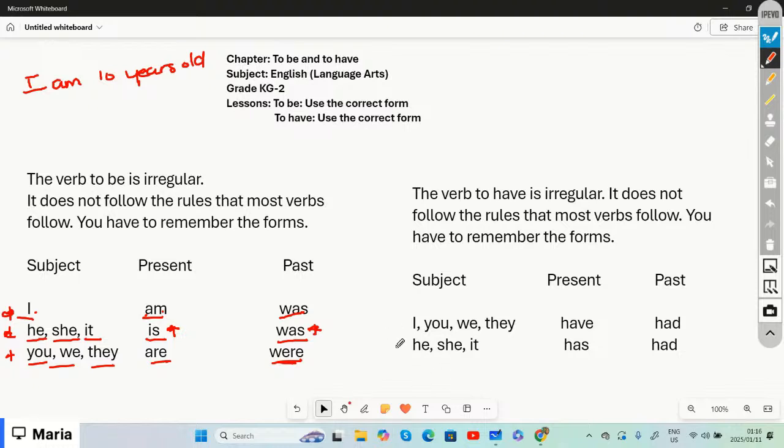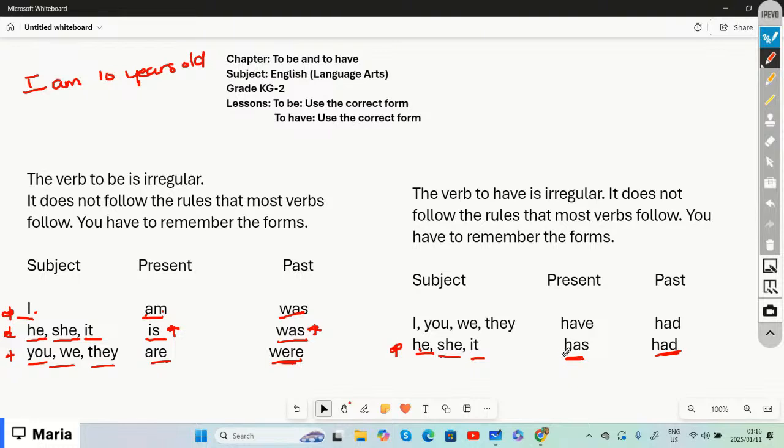So if we refer to one person that has something, or one person that owns something, then we can say he, she, or it has something. But if we want to say that they owned something in the past, then we can say they had.